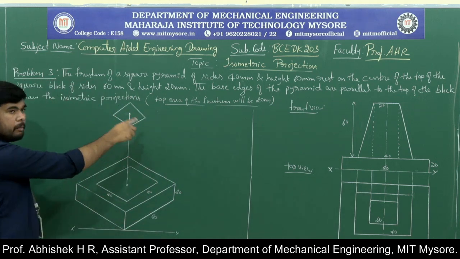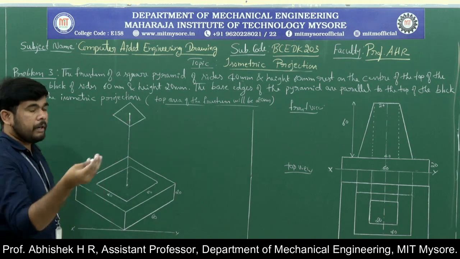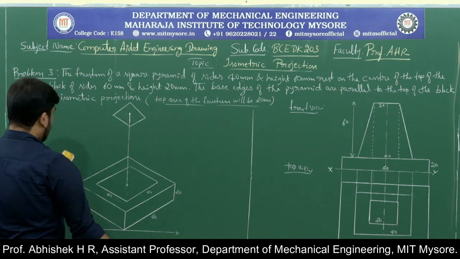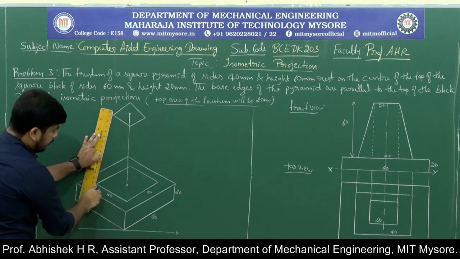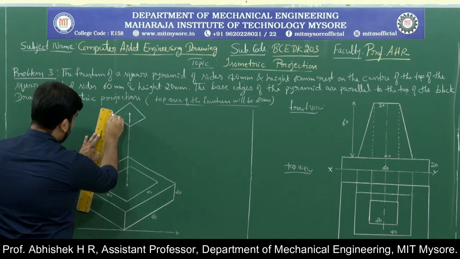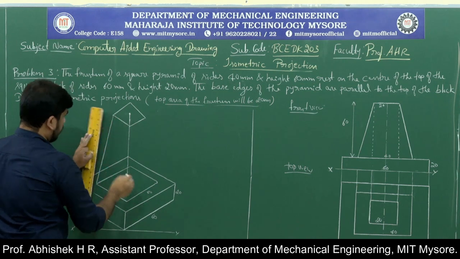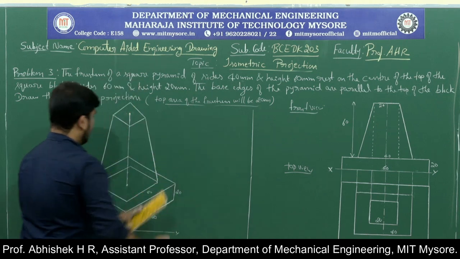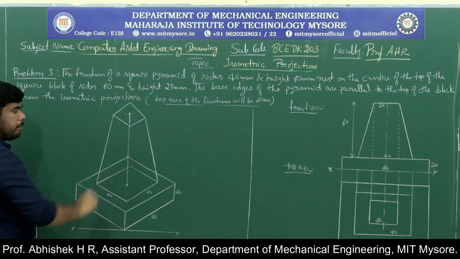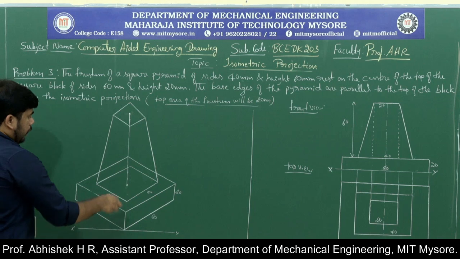Now the 20 mm square area of the square pyramid is ready. Now from this we need to join the bottom edge of the square pyramid. So now the pyramid is ready.